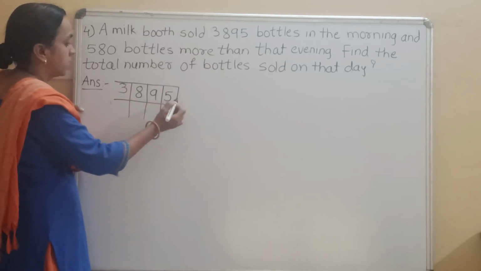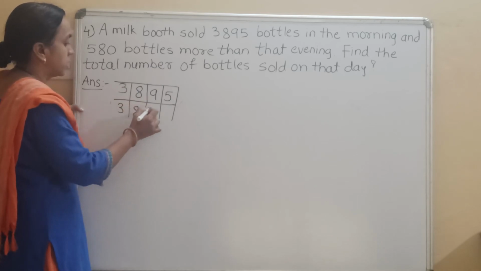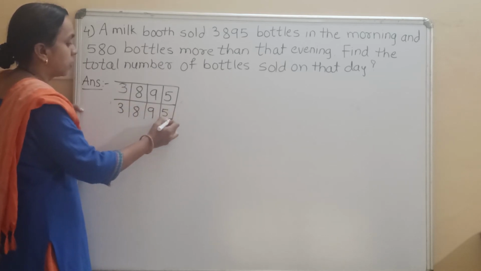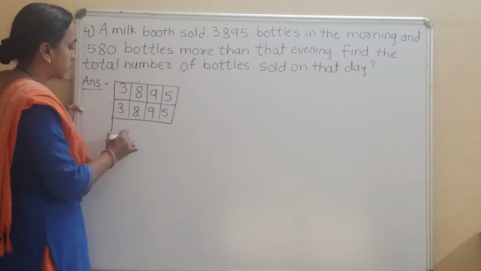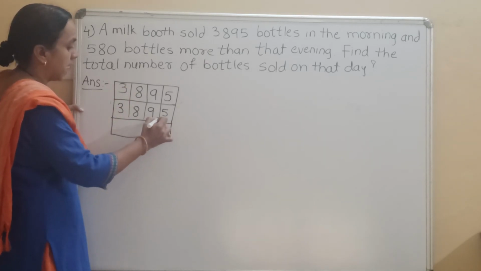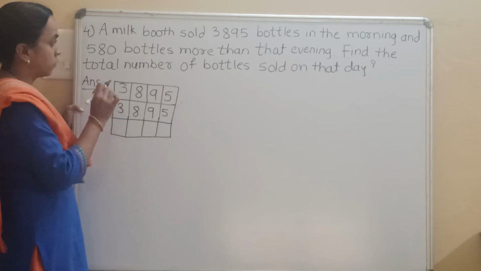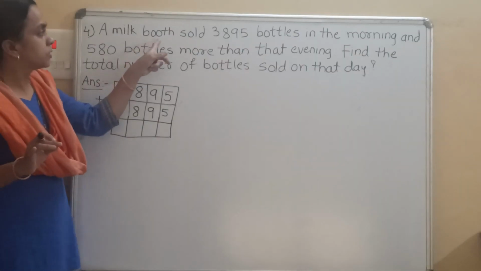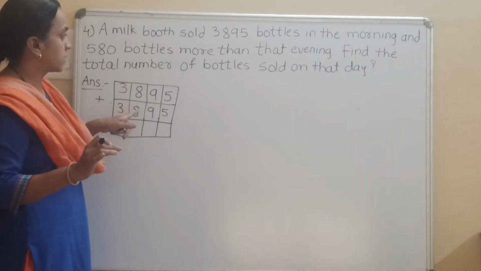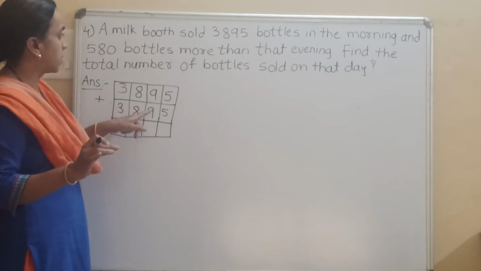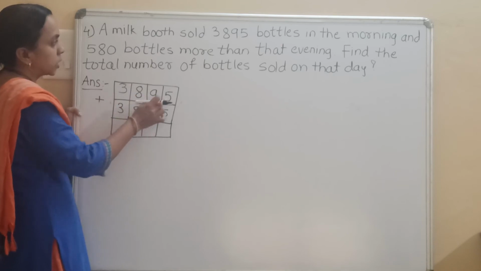This is a somewhat confusing question, so we have to read it very carefully first and only then can we solve it. It is a somewhat tricky question. So in the morning and in the afternoon they sold the same number of bottles.